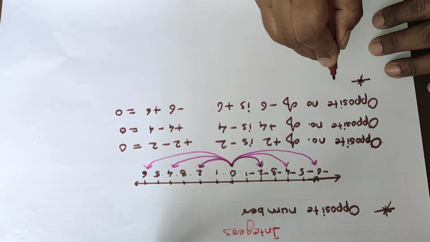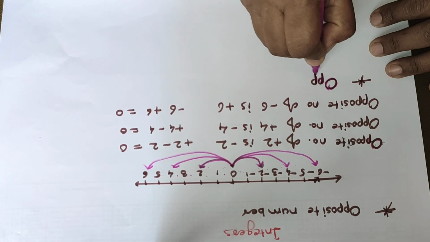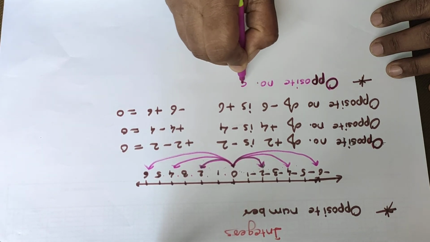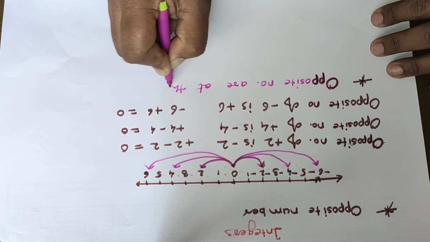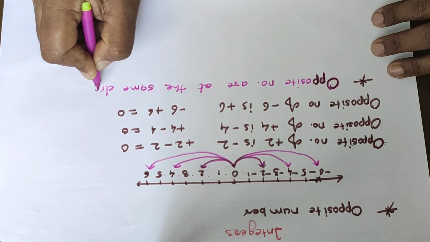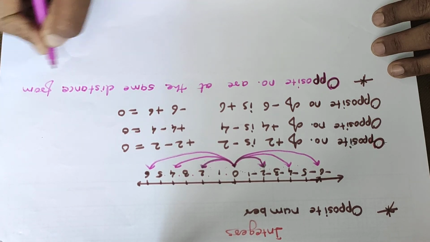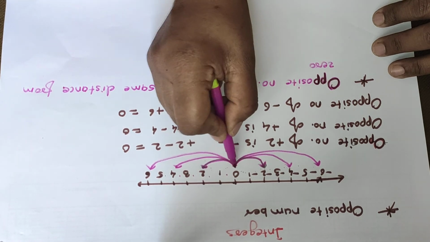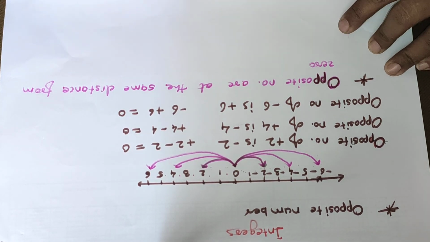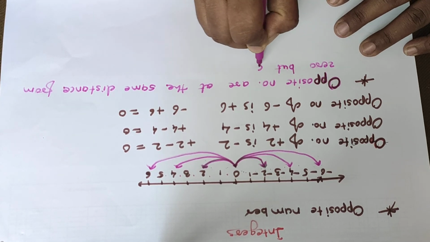The first point is that opposite numbers are at the same distance from 0. You saw that minus 6 is 6 gaps from 0, and plus 6 is also 6 gaps from 0, so the same distance from 0 but in the opposite direction.